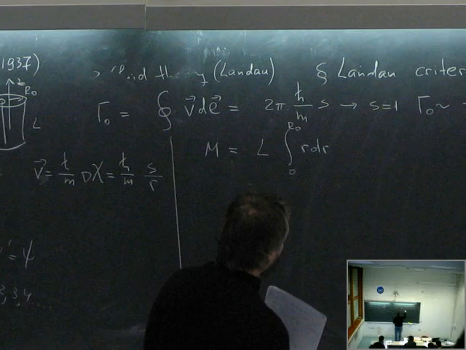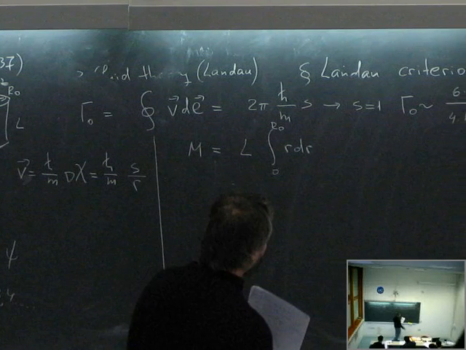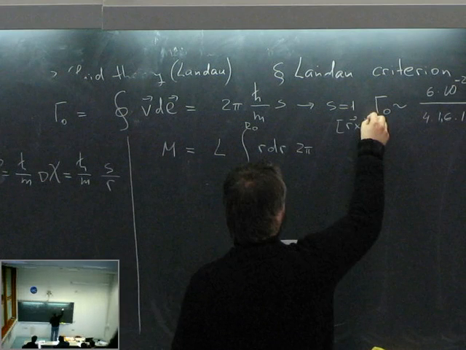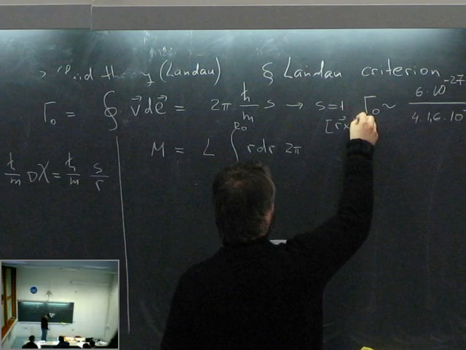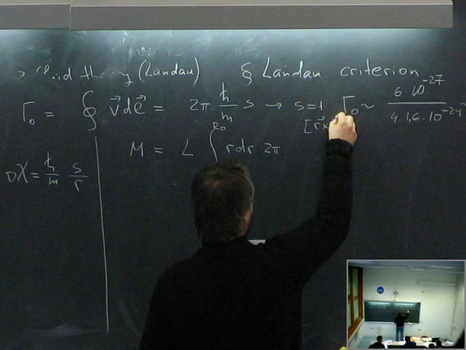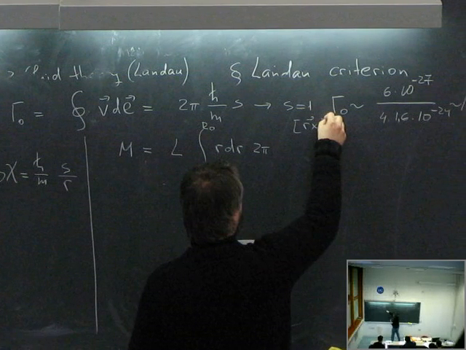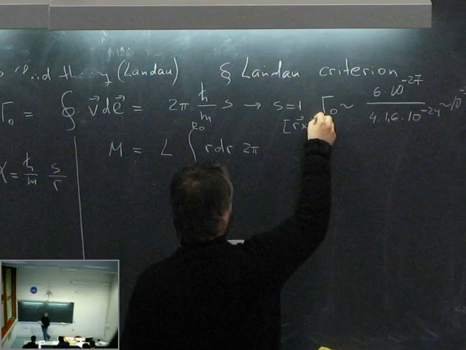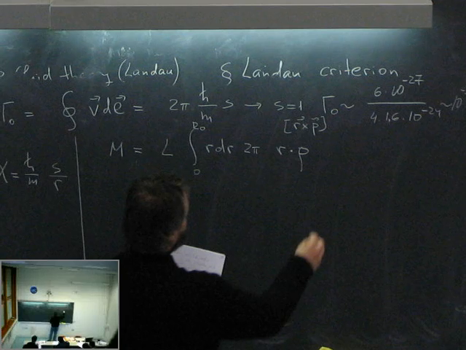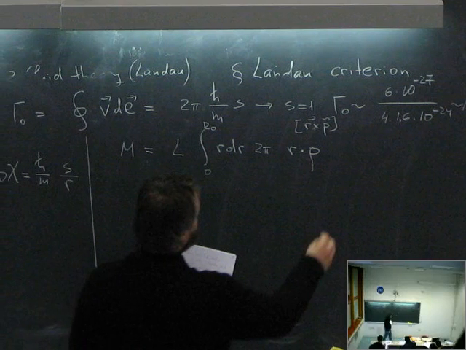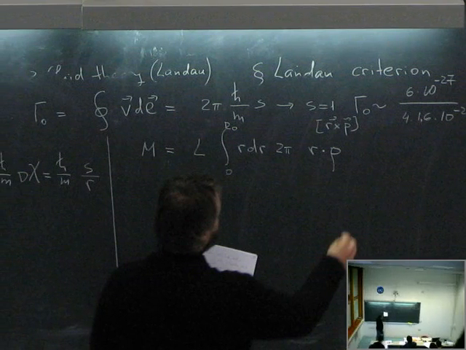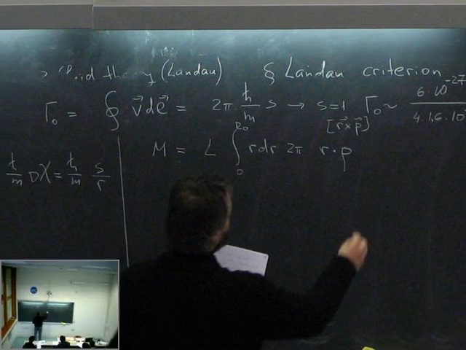Nothing depends on phi. We have 2 pi, and here we have to write something like r times p. This is the angular momentum, and we study the projection on the z-axis. So this is r times density, since we have some density of superfluid substance, times v_phi, where v is the velocity field which we just discussed. Okay, v is precisely this.